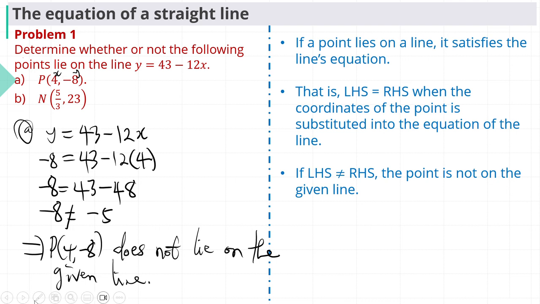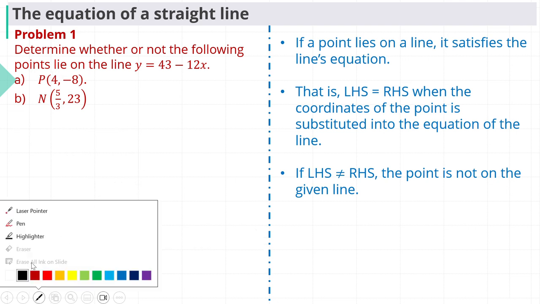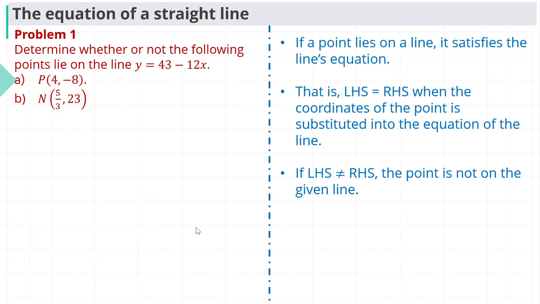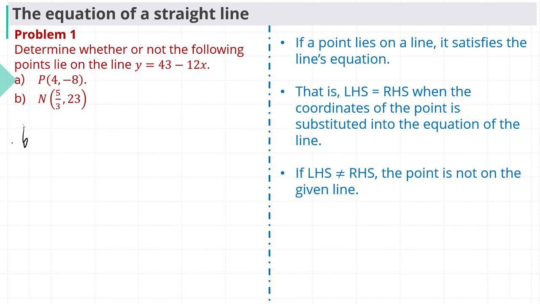Now we solve question B. Question B, we want to substitute the coordinates (5 divided by 3, 23) into the equation y equals 43 minus 12s.